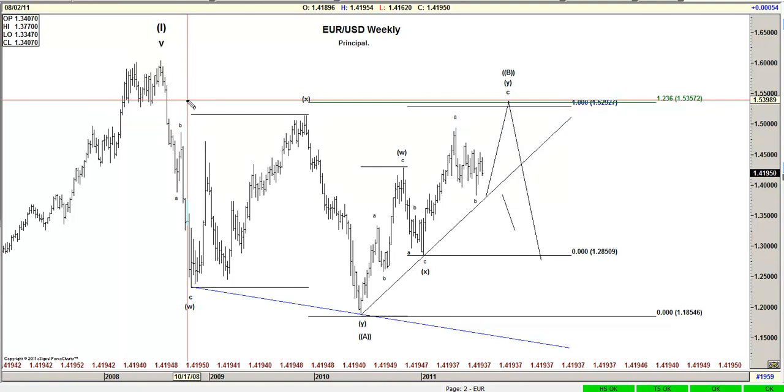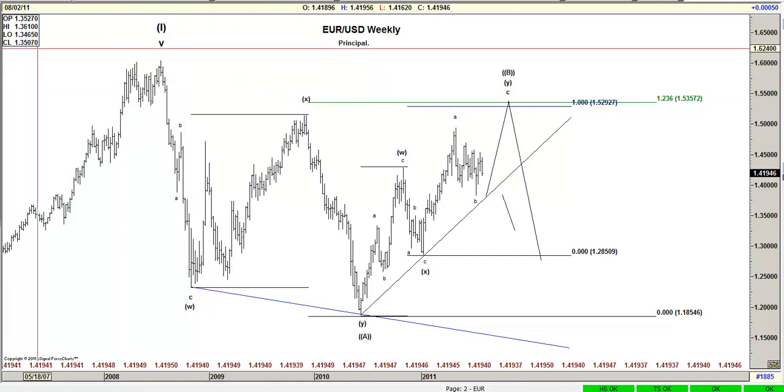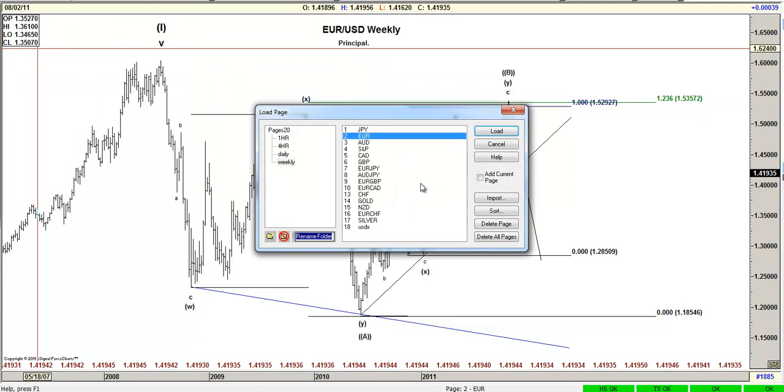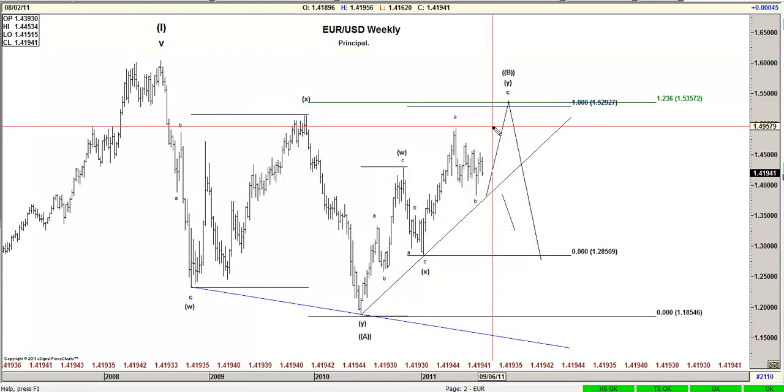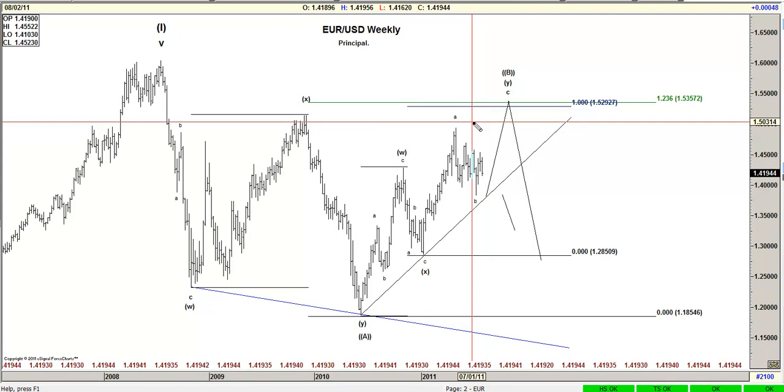Now, let's take a look at Aussie. Aussie bounced and dropped pretty hard.